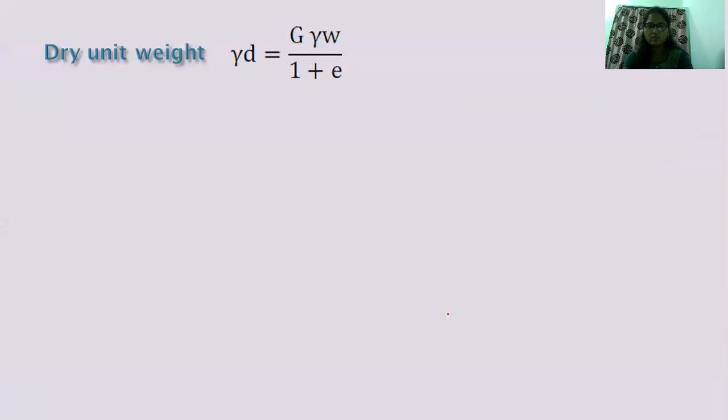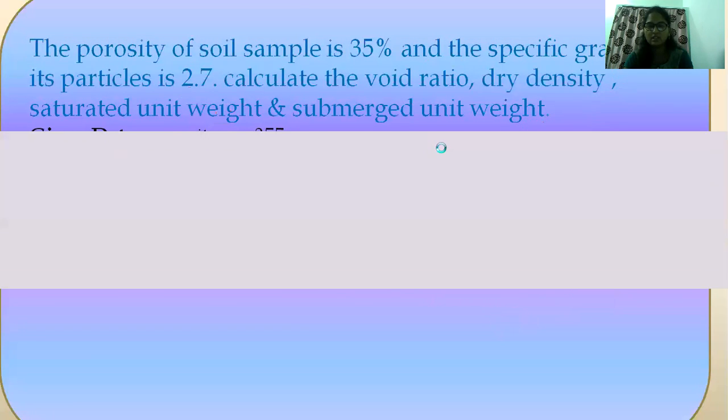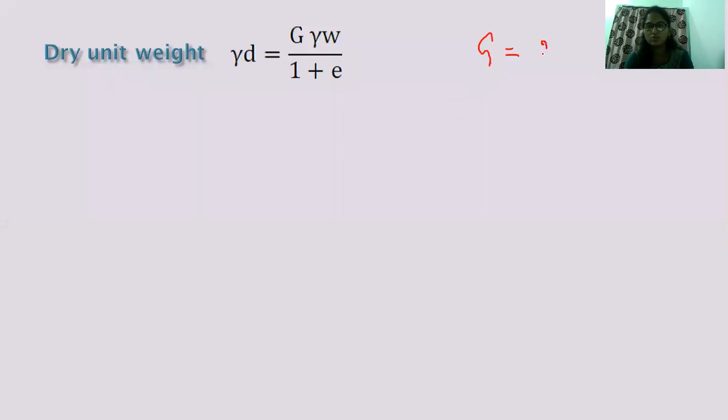Now, solve the dry unit weight. What is the value of specific gravity? G is equal to 2.7. And what is the value of unit weight of water?